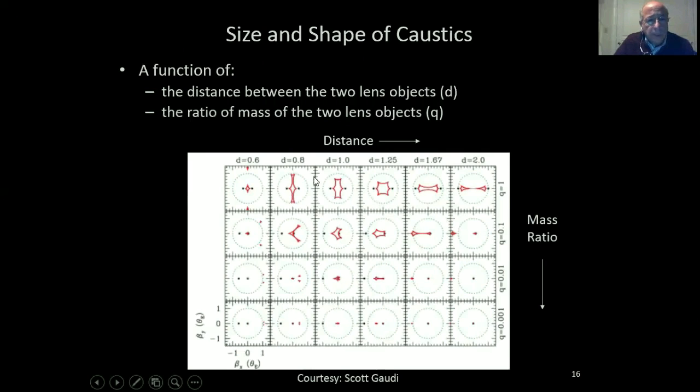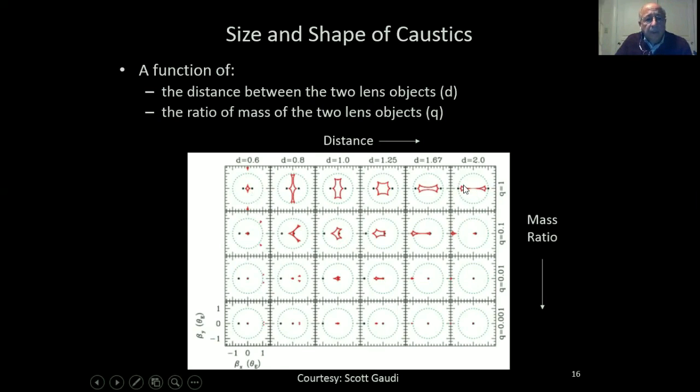So this little table here shows the relationship between, as I said, the distance between two masses that are in the Einstein ring and their ratios. The example we saw earlier is on the upper left: two binary stars that are close together that have a ratio of 1, namely the same mass, produce this particular caustic pattern. Whereas if they're further apart, but still of the same mass ratio, they'll produce a different pattern.